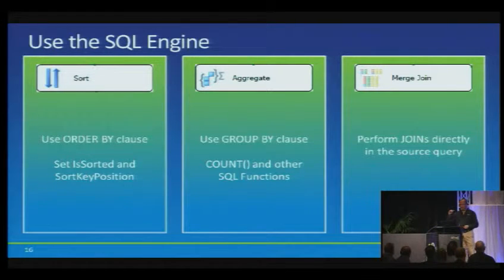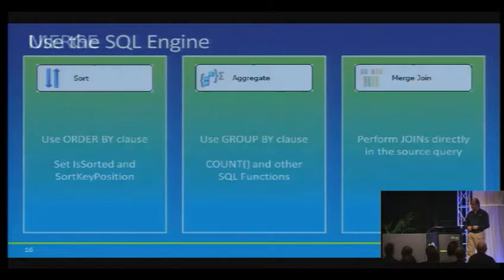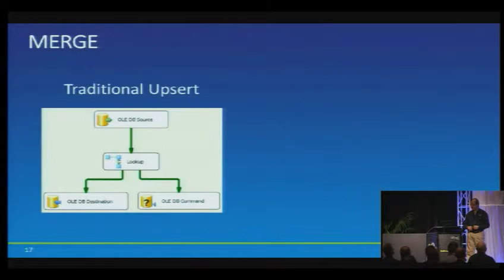So you do have sort, aggregate, and merge join tasks in SSIS today. If those create some issues, especially keep an eye on the locking, you could go back to SQL syntax and use order by, group by, and the traditional joins. Okay? SQL, again, can give us a lot of nice features. Let's talk a little more about merge.